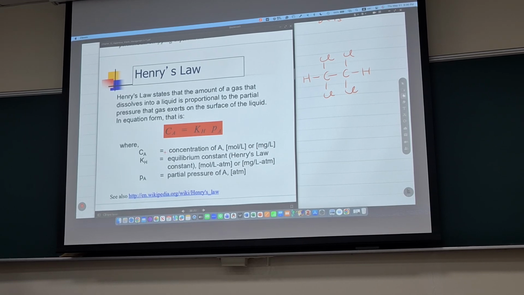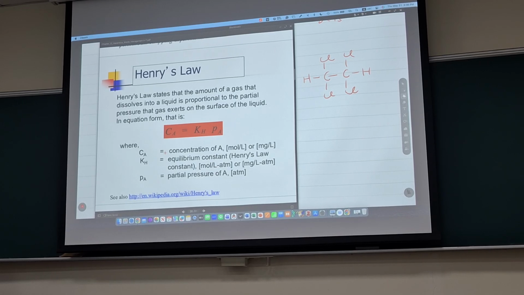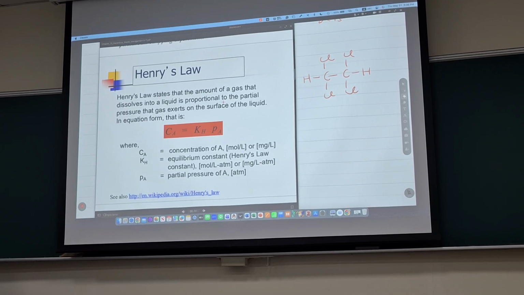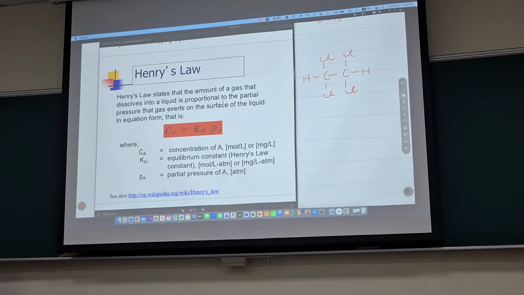Henry's law comes again, because some amount of gas will dissolve in water. The amount of gas dissolved in water depends on the gas partial pressure above the water.